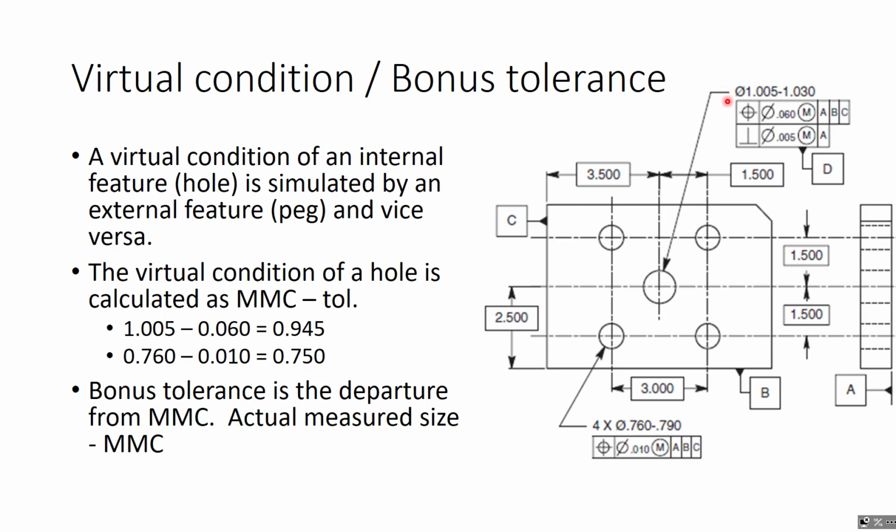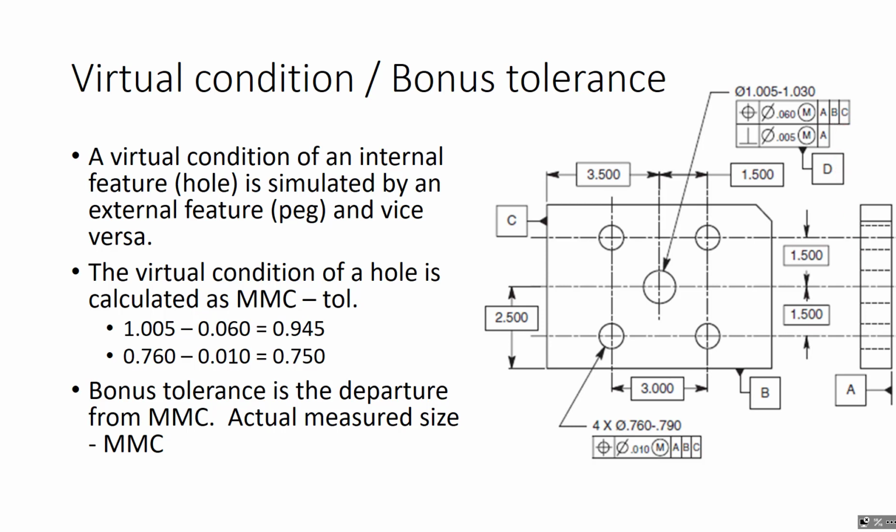You'll notice up at the top here that we do get some composite tolerances. And what that means is that the location of the center hole can vary more than the perpendicularity of that hole can vary. And we would check that with two separate gauges. The position gauge would have that peg of the 0.945 diameter, and it would also pick up the other datum references in the feature control frame.